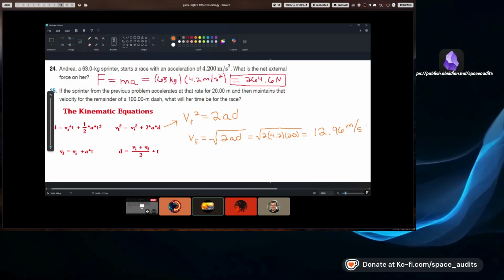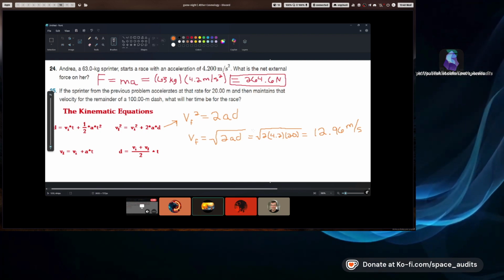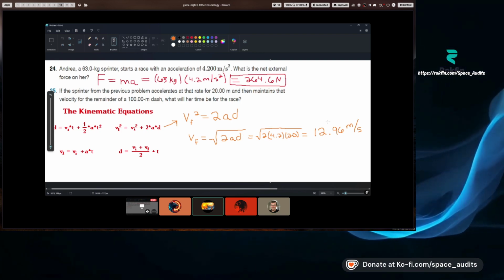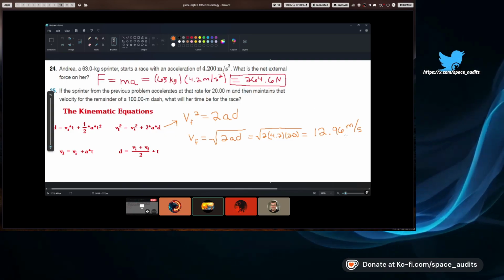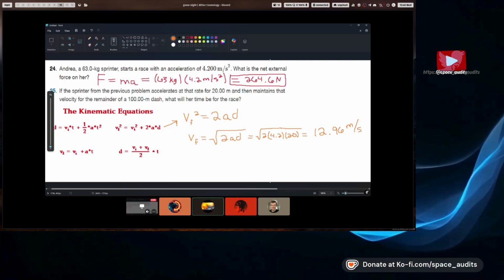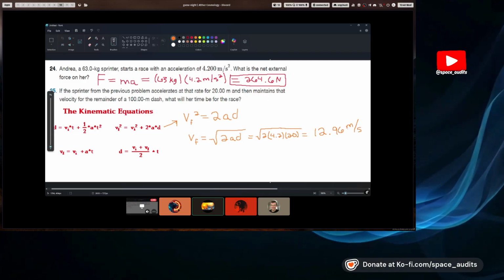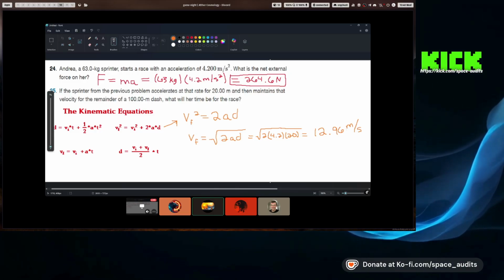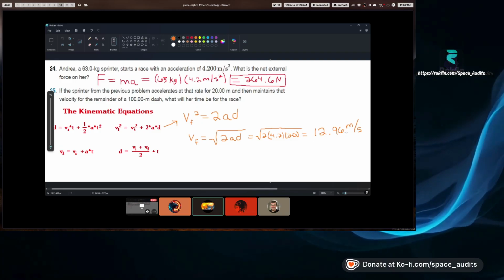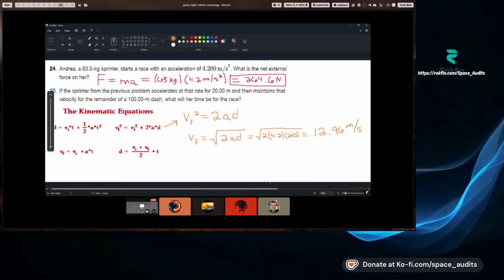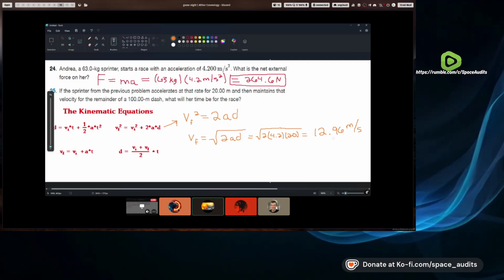Acceleration is change in velocity over time, because when you do a delta t, it puts it over s. So 12.96 meters, that's distance. 12.96 meters per second, that's velocity. 12.96 meters per second squared, that's acceleration. So that's an easy way to remember it. But this is going to be our velocity at the end of 20 meters. So our final velocity is 12.96.